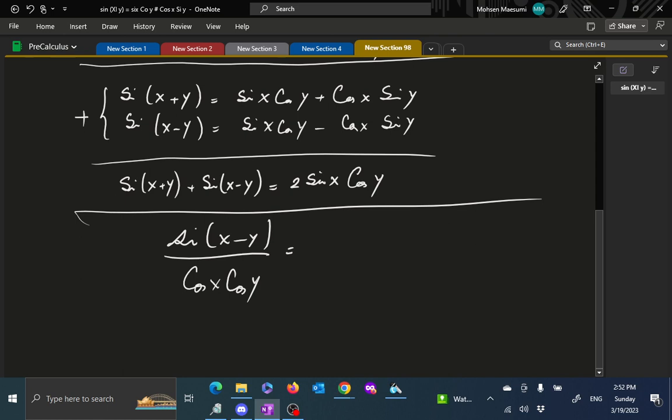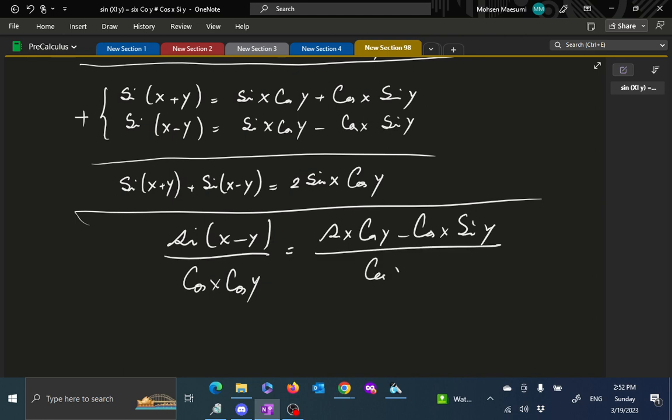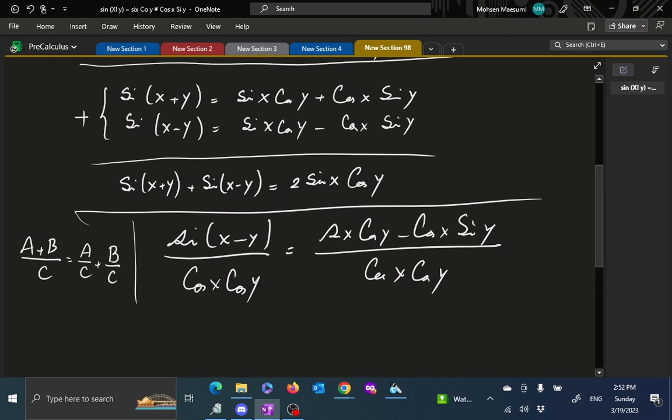So we said this is sine x cosine of y minus cosine x sine of y divided by cosine of x cosine of y. Now, a very basic idea: if you have a fraction, the numerator being several things added up, you can split it, opposite of taking common denominator. Okay, if you have a plus b over c, obviously that's the same as a over c plus b over c. What am I expecting to happen is that this cosine will cancel, this cosine will cancel, and we get what we have coming up.